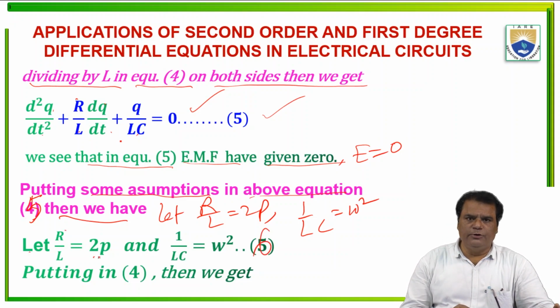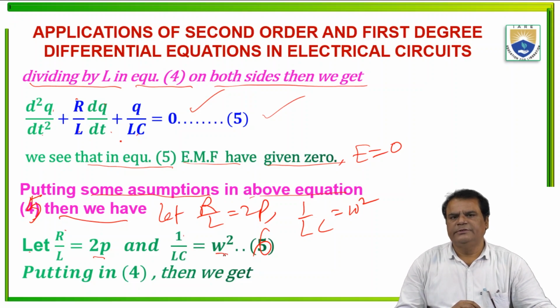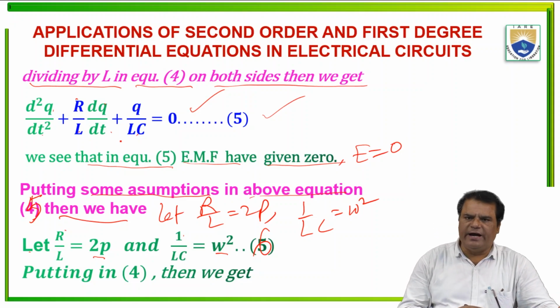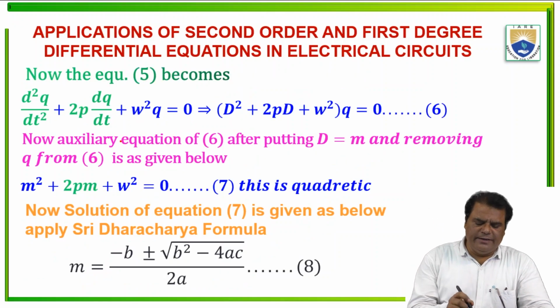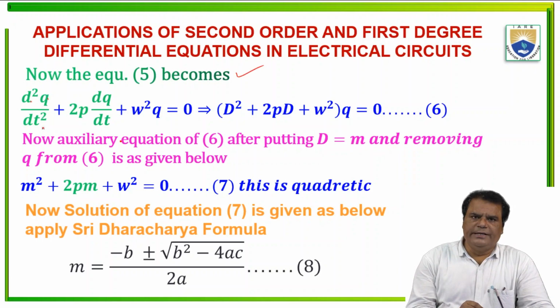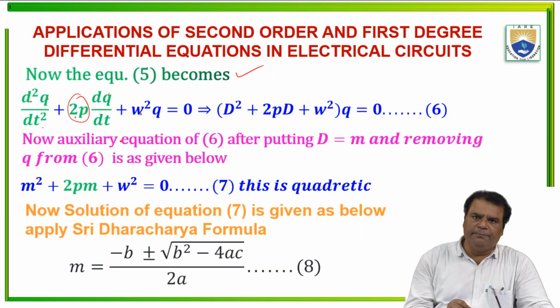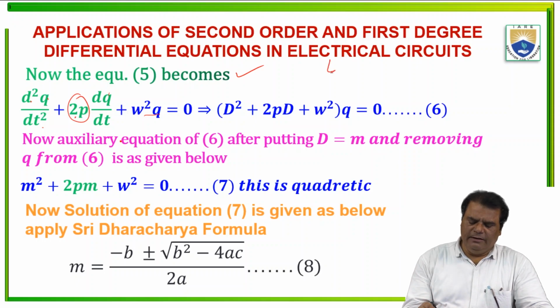After putting these values in equation 5, it becomes d2q over dt2 plus 2p dq over dt plus W square q equals 0, where 2p is R by L and W square is 1 upon LC.